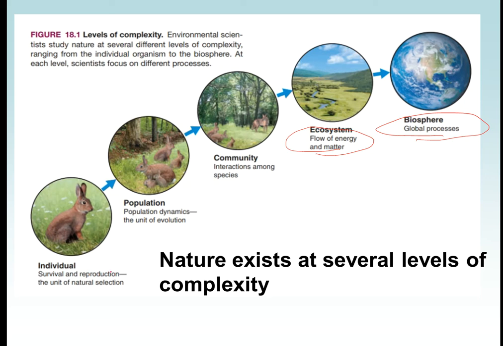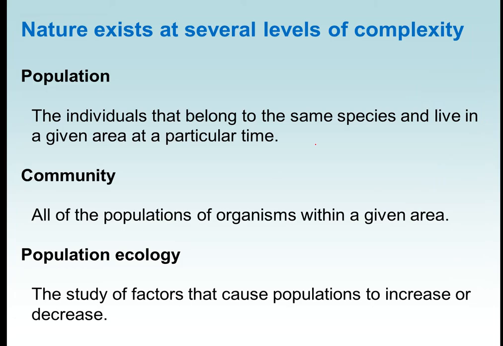So these are our different levels of complexity as they move up from the individual to populations to communities to ecosystems and to the different biospheres, and so are the different spheres. And so some of these we've already begun to discuss in our class.